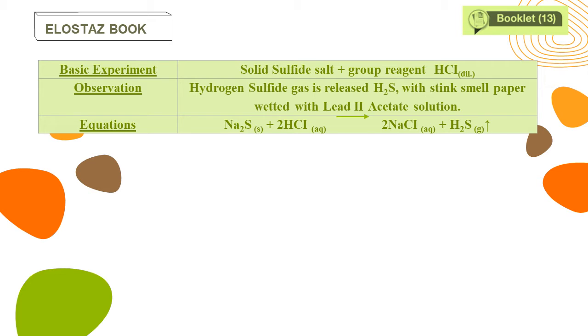The equation here: sodium sulfide Na2S solid plus aqueous HCl gives sodium chloride NaCl, and at the end we have hydrogen sulfide gas evolving with the smell of spoiled egg. The wetted paper becomes dark in color when it gets nearer to the mouth of the tube, the paper wetted with lead acetate solution.